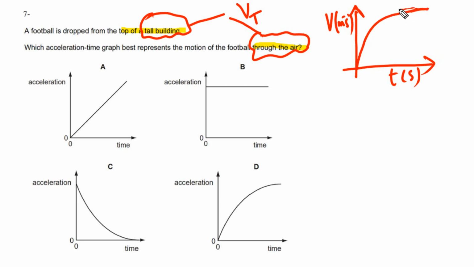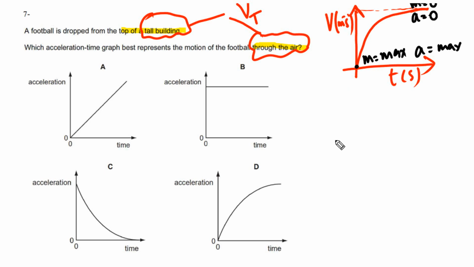Finally you can see the gradient becomes 0. If you look at this point, the gradient, the m, is maximum. So we can say the value of a is also maximum. And finally, the gradient is equal to 0. So we can also say that acceleration is equal to 0.